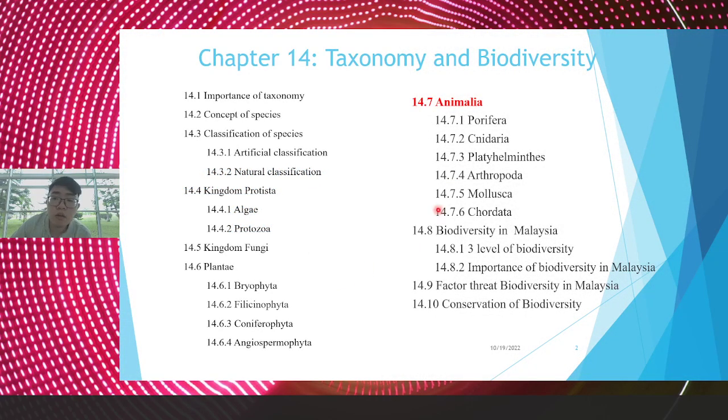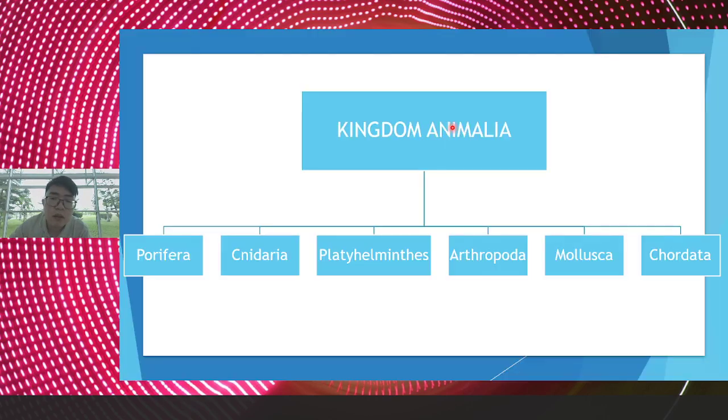For this video, we will only talk about Animalia. The phyla will be talked about in the following videos. In Kingdom Animalia, there are a total of 6 phyla you have to learn in our syllabus: Porifera, Cnidaria, Platyhelminthes, Arthropoda, Mollusca, and Chordata.